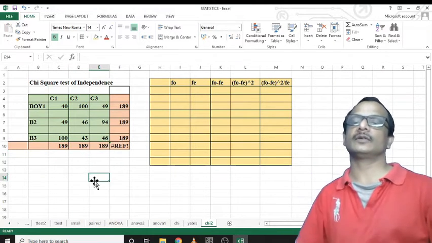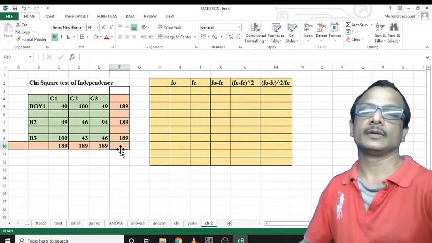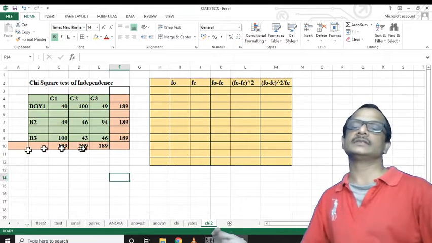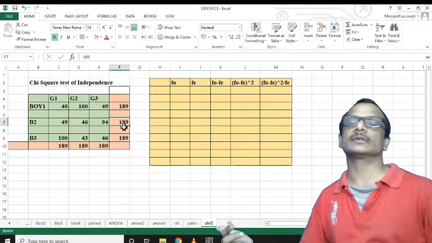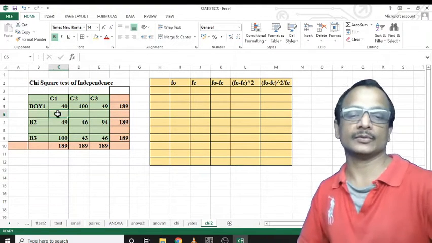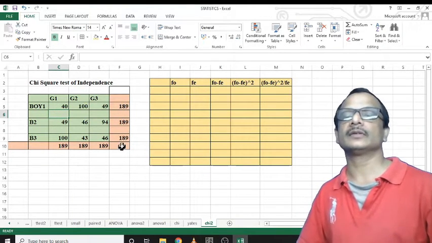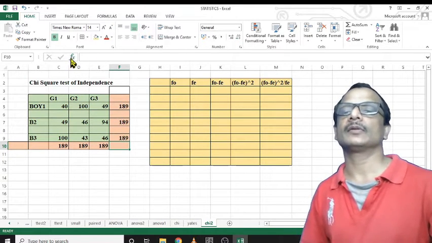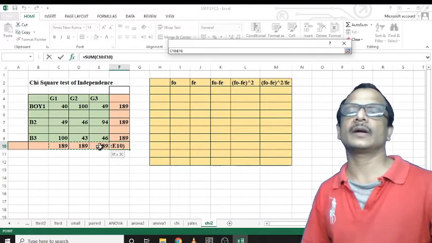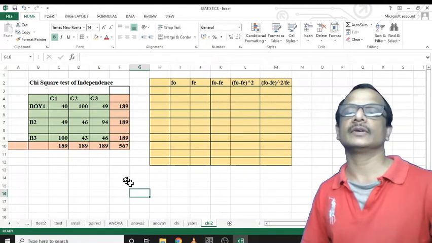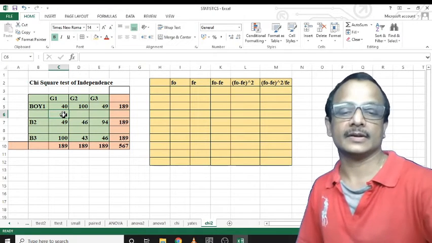What's the change now? We just give the value there, right? Now we can calculate this particular figure. Here the sum total is 567.